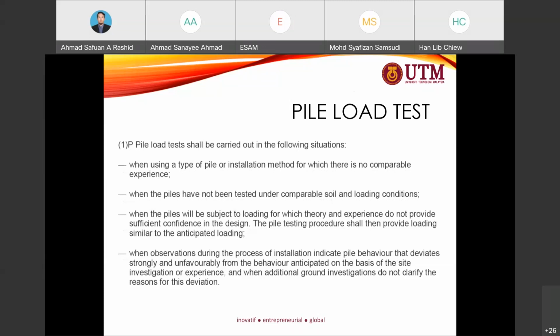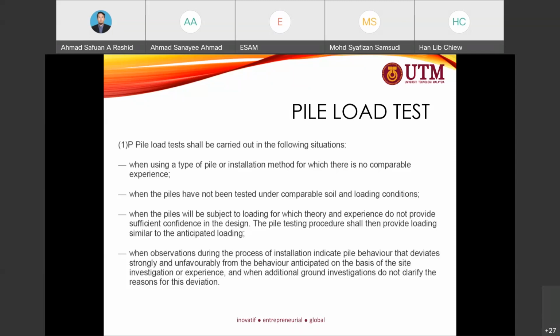The pilot test shall be carried out in the following situations: when using a type of pile or installation method for which there is no comparable experience; when the pile has not been tested under comparable soil and loading conditions; when the pile will be subjected to loading for which theory and experience do not provide sufficient confidence in the design, where the pile testing procedure should then provide loading similar to the anticipated loading; when observation during the process of installation indicates pile behavior that deviates strongly and unfavorably from the behavior anticipated on the basis of the site investigation or experience, and when additional ground investigation does not clarify the reason for this deviation.